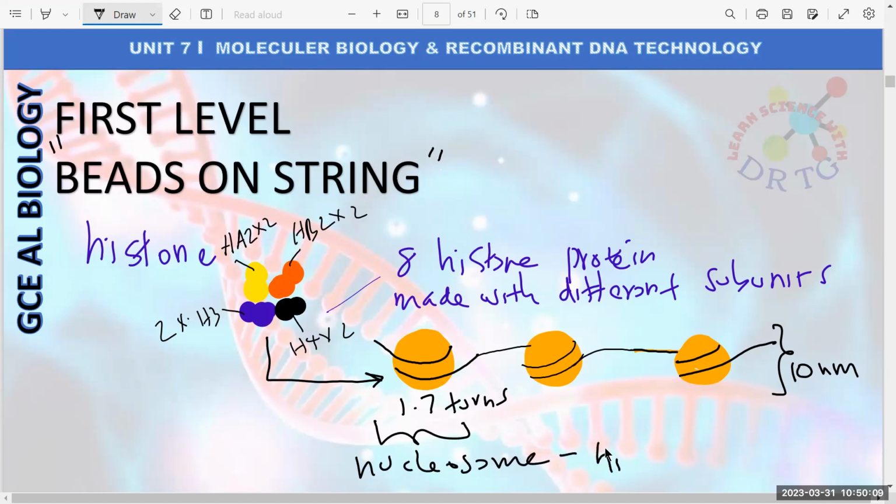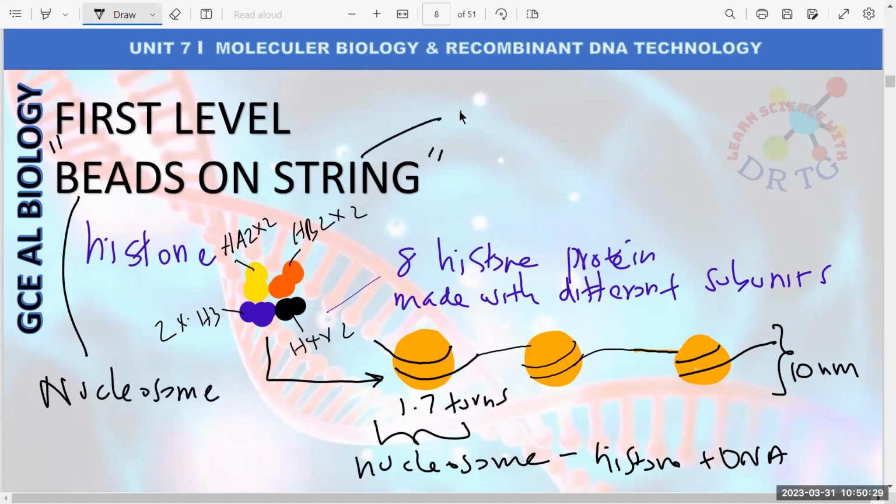Nucleosome is histone plus DNA wrapped around it. So then nucleosomes serve as beads, right? So this is the nucleosome, and the string is the DNA molecule.